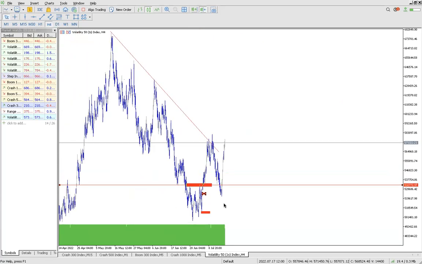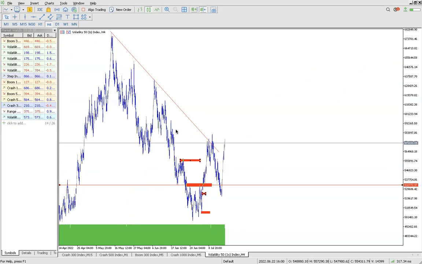How do I set my take profit points? My previous highs that I was creating when I was falling are the points of interest for my take profit. So I would come here. This is a high, my take profit 1.